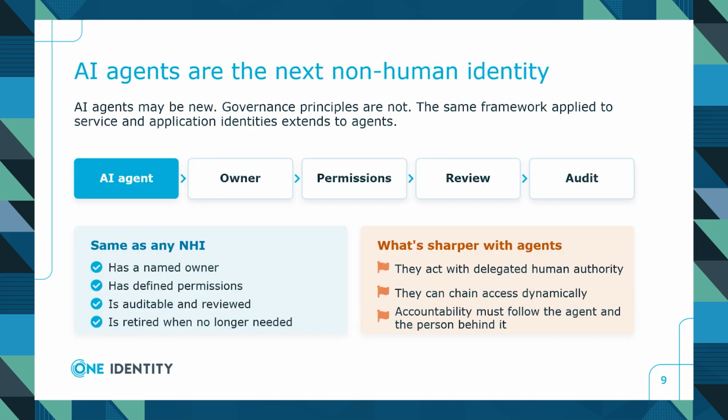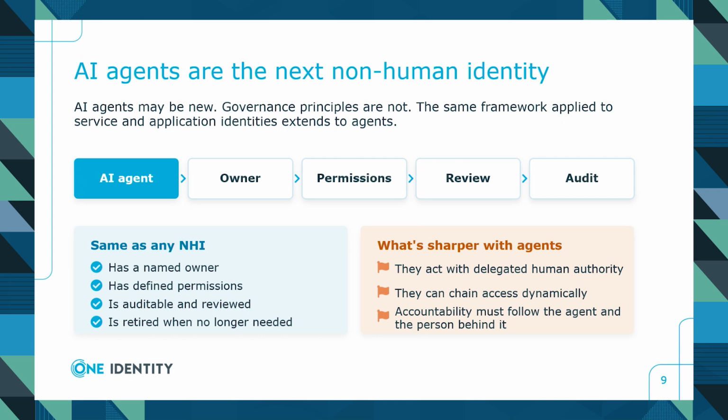AI agents may be new, but governance principles are not. An AI agent should have an owner, have defined permissions, be auditable, be reviewed, and be retired when no longer needed. The same governance framework applied to service accounts and application identities can be extended to AI agents.